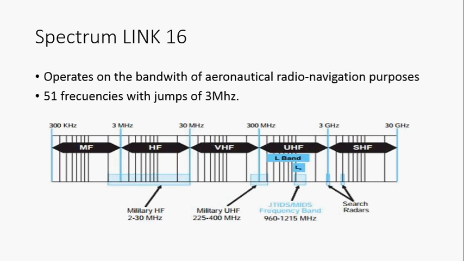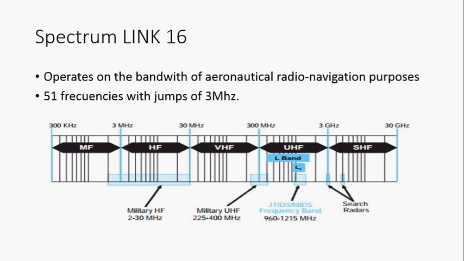Just to close the explanation of Link 16, let's get an overview of its distribution along the spectrum. Link 16 operates on the same bandwidth, which is a curiosity, because it is the bandwidth designed for aeronautical radio navigation purposes, and you may think this bandwidth is overloaded and it's very difficult to distribute the 51 different frequencies.